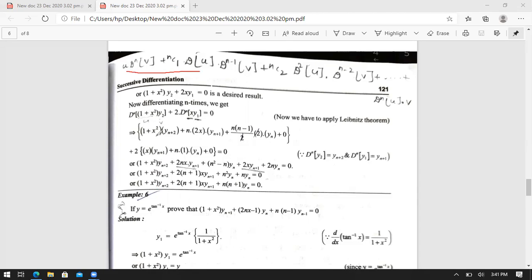Then 1 plus x square as it is, u as it is, then the differentiation of the second one. The second one is y2, so the nth derivative is y n plus 2.